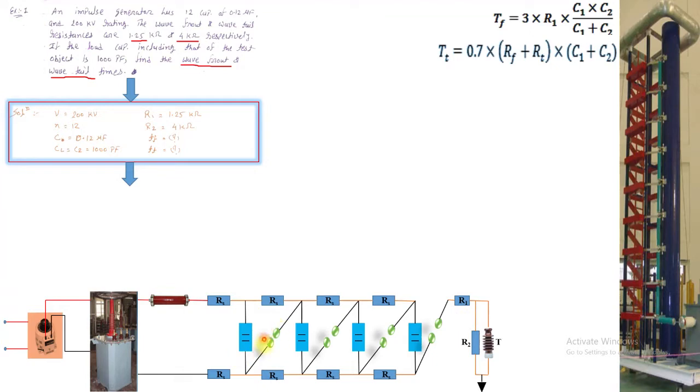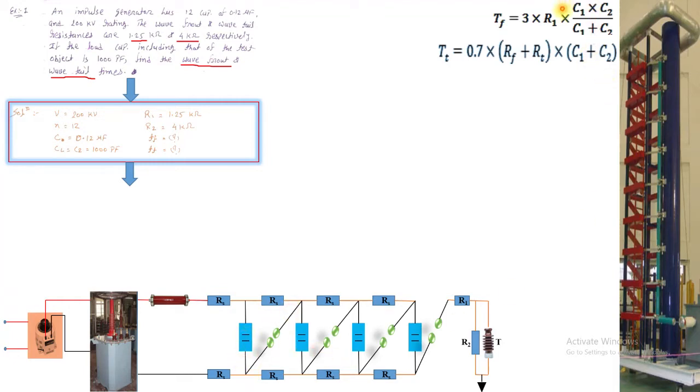When the voltage across the sphere gap becomes more than its withstanding capacity, the short circuit takes place. So ideally the spark gap gets closed. As a result, it makes the capacitors in series. This is the operating principle of the multi-stage impulse voltage generator, or Marx impulse voltage generator, where the capacitors are charged in parallel and discharged in series.